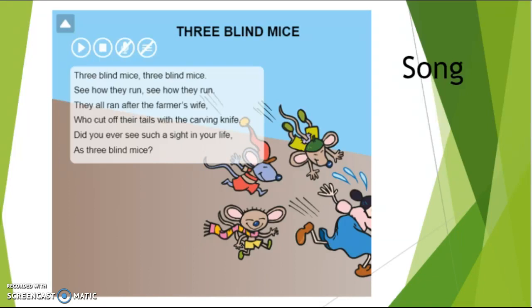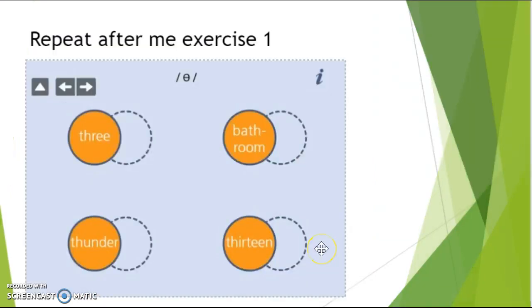It's not easy to sing. This is a repeat after me exercise. Here we practice the sound th, and when you press the circle, you will hear the right pronunciation of the word. Three, bathroom, thunder, thirteen.